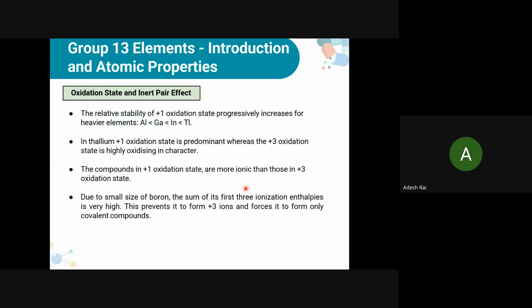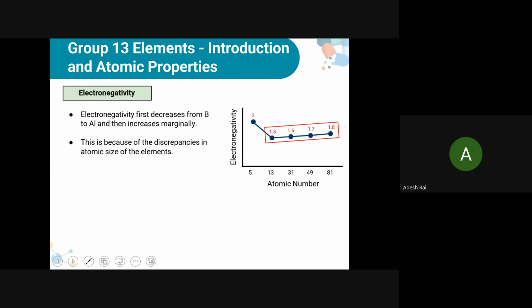Why can't boron show the +3 state? Because it has a very small size, and as a result, the successive ionization enthalpy will increase very highly. Is that clear? Understood or not? Tell me. Can we proceed? Understood. Yes.